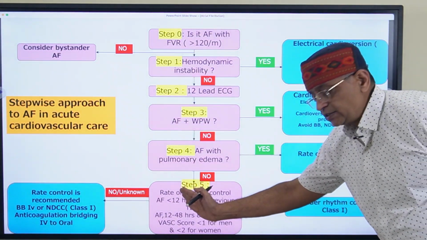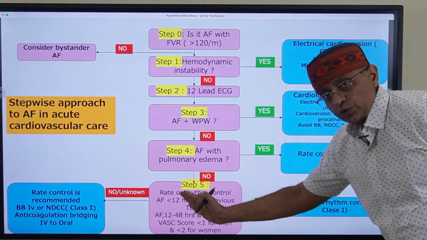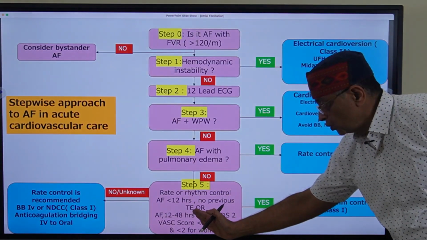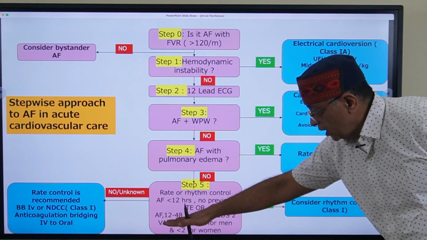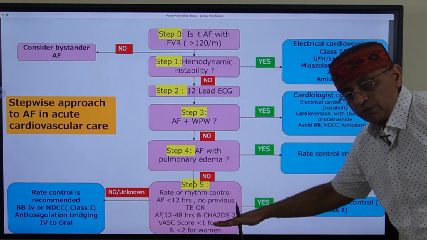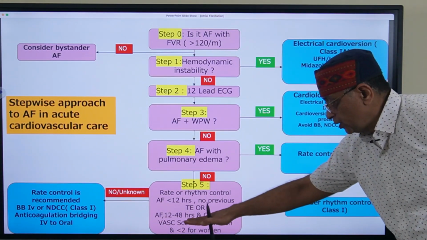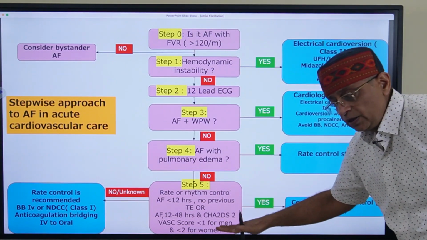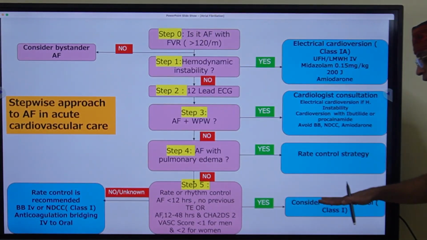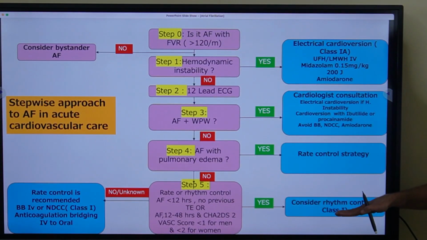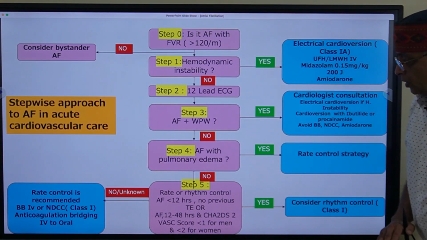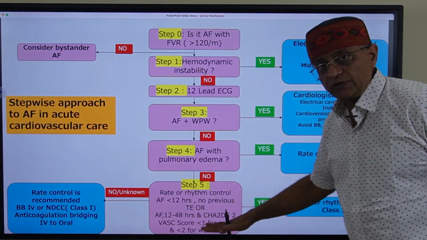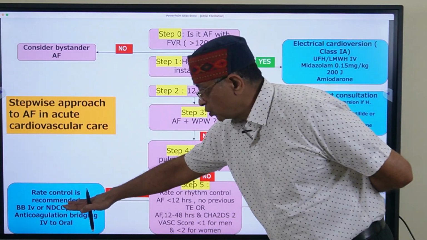If the patient has AF of less than 12 hours duration with no previous history of thromboembolic episode, or the AF is 12 to 48 hours of duration but the CHA2DS2-VASc score is less than 1 for men and less than 2 for women, then again that becomes a class 1 indication for cardioversion. If you do not know or the patient does not satisfy these criteria, then rate control is recommended.